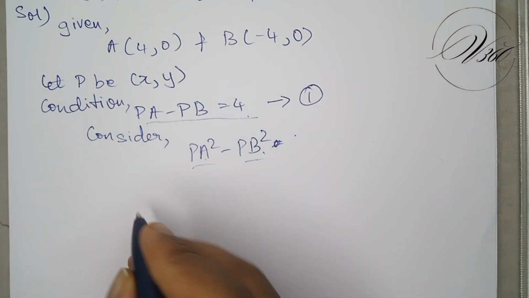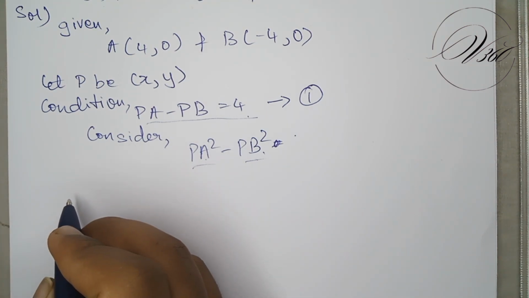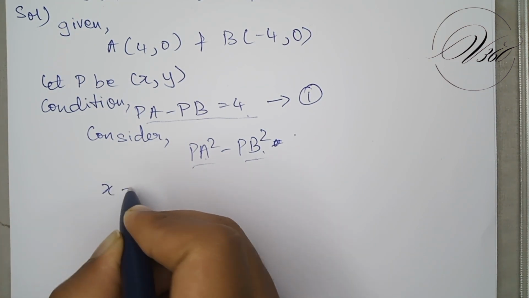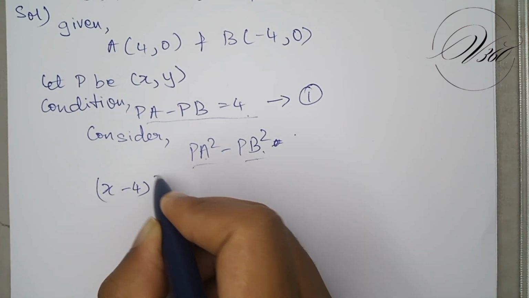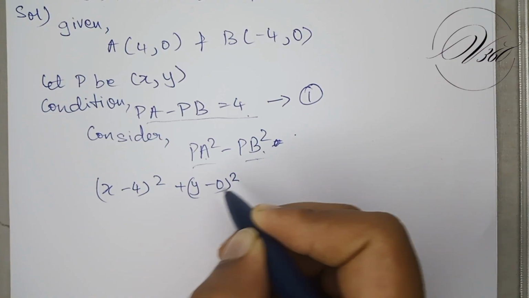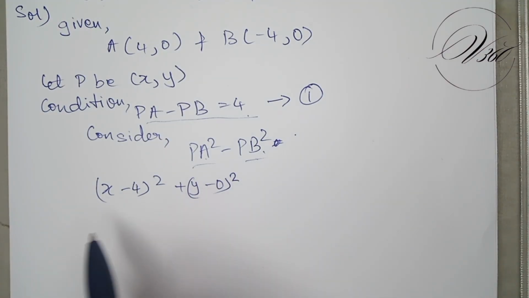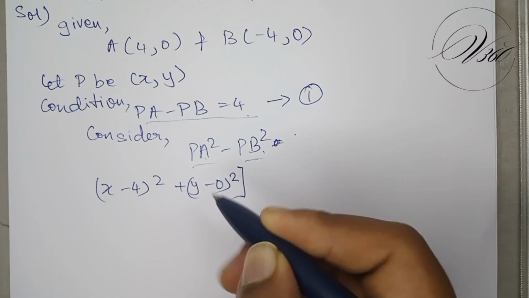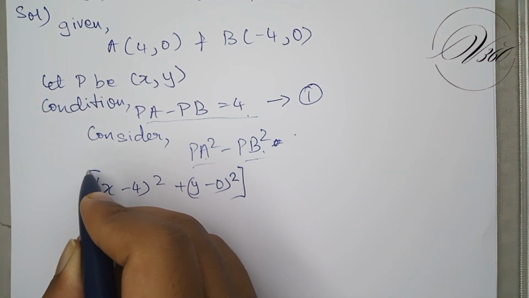Now here we have got PA square minus PB square. Alright, now PA square is x minus 4 whole square plus y minus 0 whole square. I have taken the step directly because doing it every time is a waste of time, right? That's why I have taken it directly.